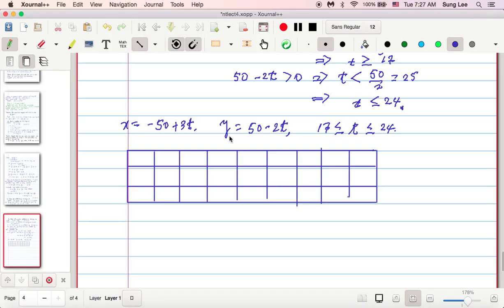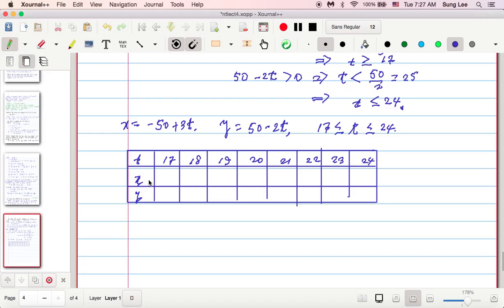All right. So here, that's for t, x, y. So t equals 17, 18, 19, 20, 21, 22, 23, 24, right?